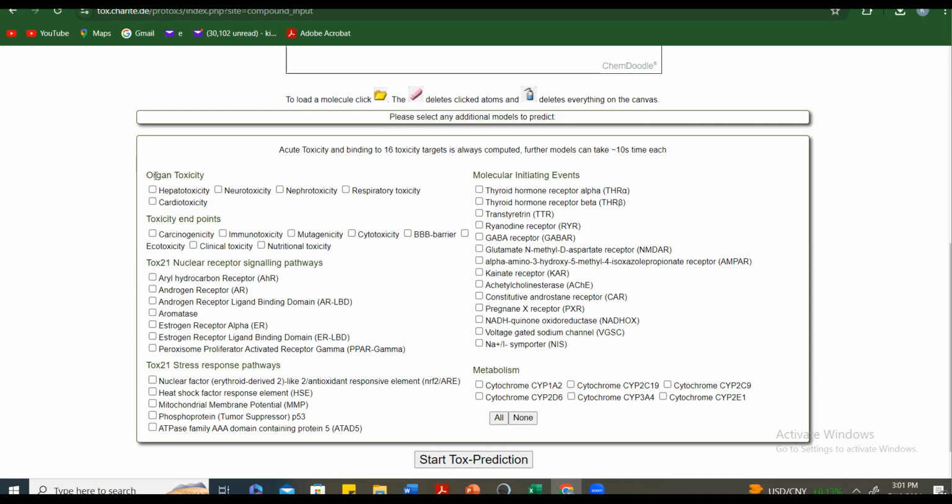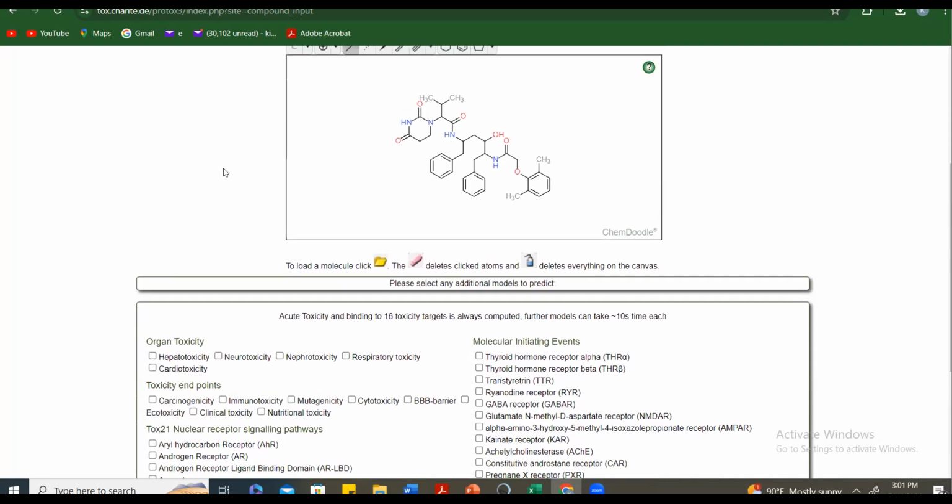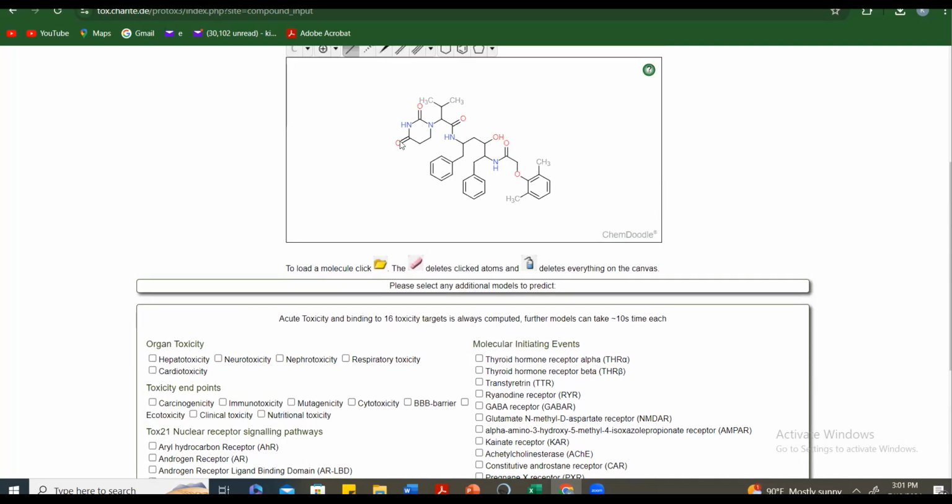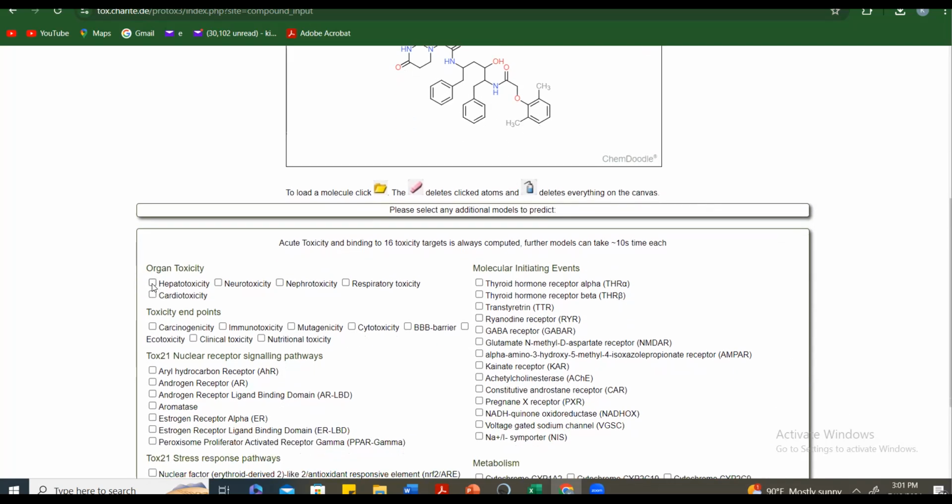So we want to look at organ toxicity with this drug that we have discovered that is working against SARS-CoV-2. If people take it, is it going to be dangerous to their liver? So let's click it. We want to check it on the liver. Another thing is neurotoxicity. Is it going to be dangerous to the nervous system?